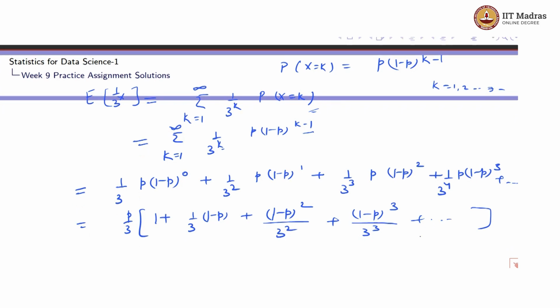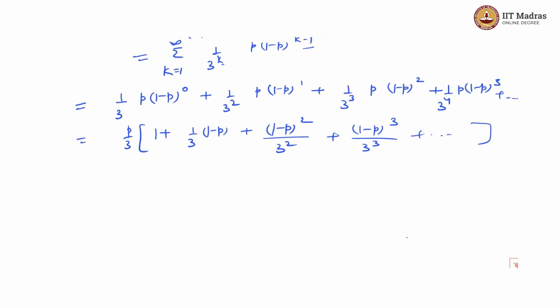Now consider (1 - p) by 3. Since the probability value will always lie between 0 and 1, this whole thing will not go beyond that range. When we take the modulus, 1 - p will always be non-negative and it won't go beyond 1.